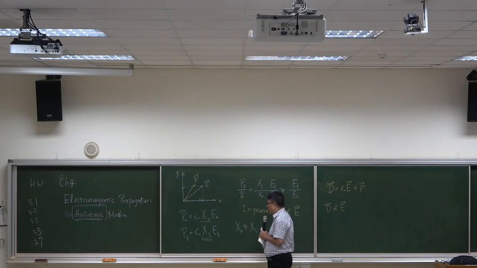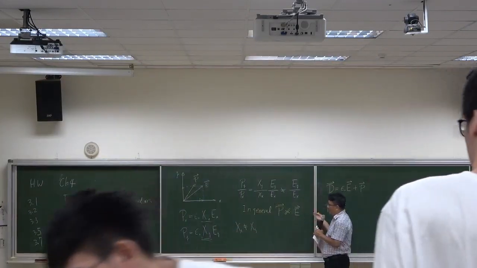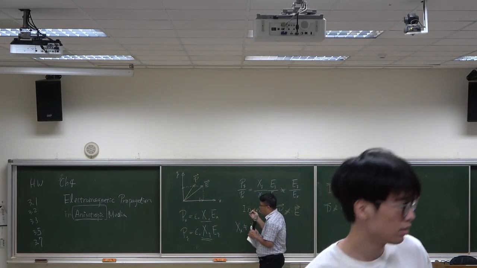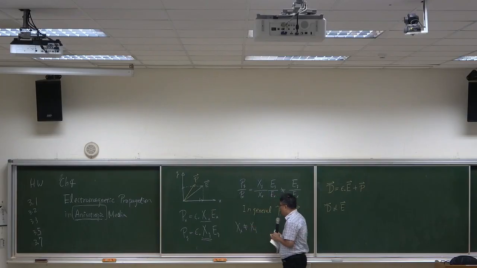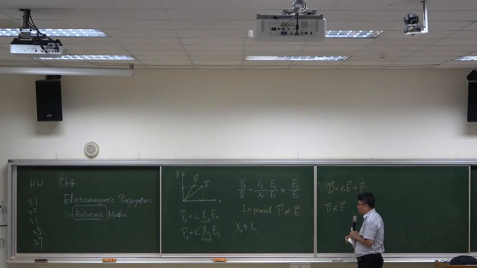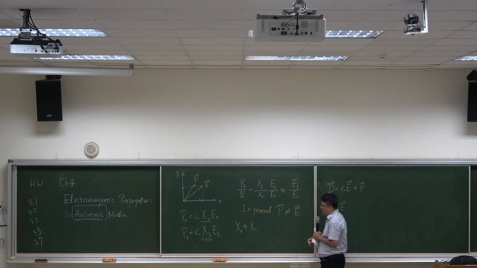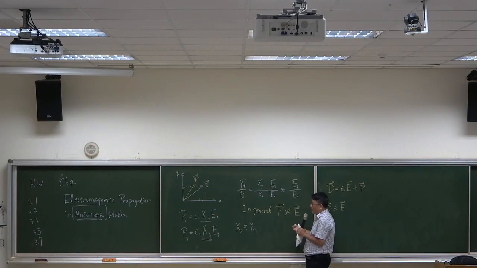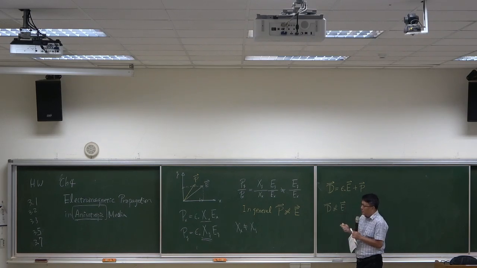So if we want to describe this situation and we assume the medium to be a linear medium, then we can generalize the concept of chi and epsilon from number to so-called tensor.